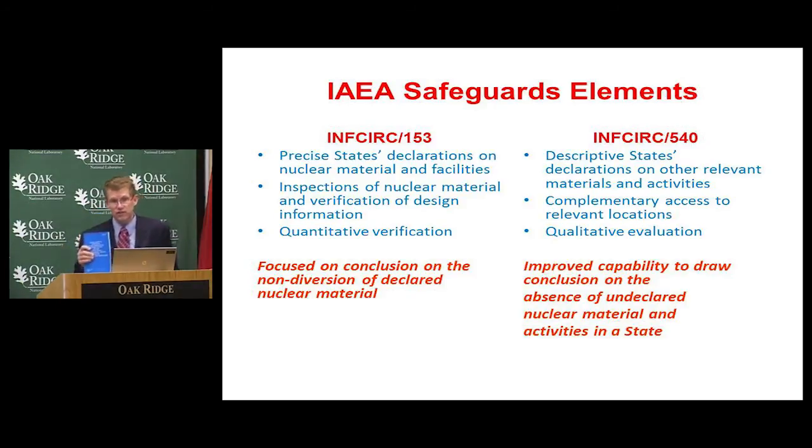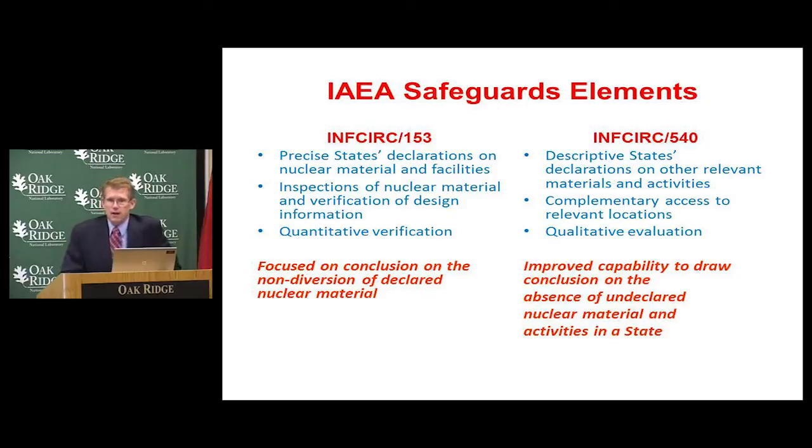So what this does, let me back up. While 153 provides information on all nuclear materials and all nuclear facilities, 540 is focused on nuclear-related activities not involving nuclear material, because those would have been under 153.